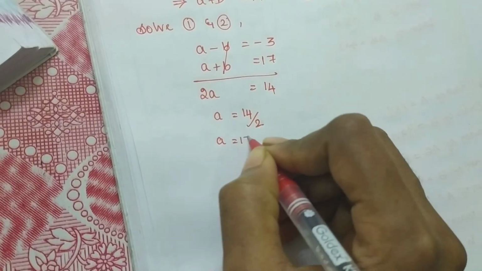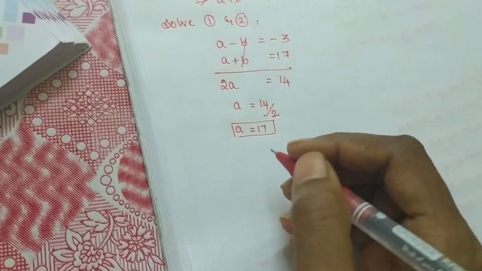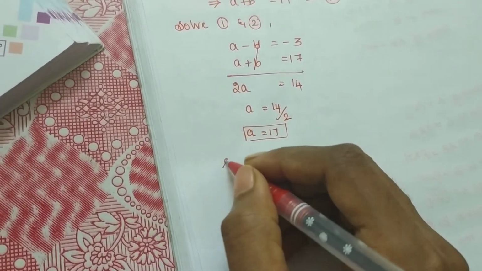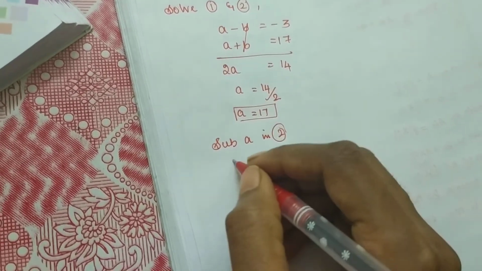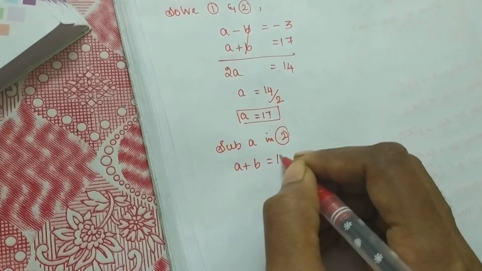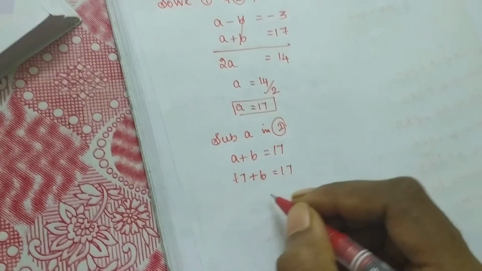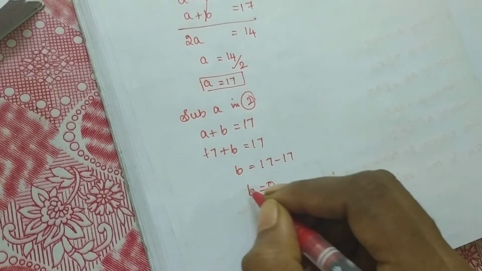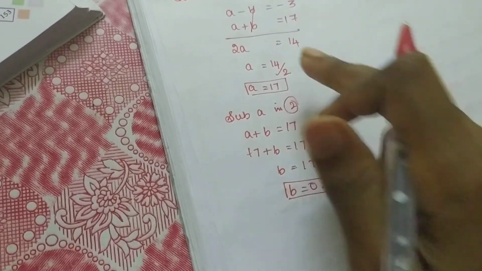So A is equal to 7. Then substitute A in 2. So A plus B equal to 17. So 7 plus B is equal to 17. So B is equal to 17 minus 7. So B is equal to 10. That's it. Therefore the values of A and B are 7 and 10.